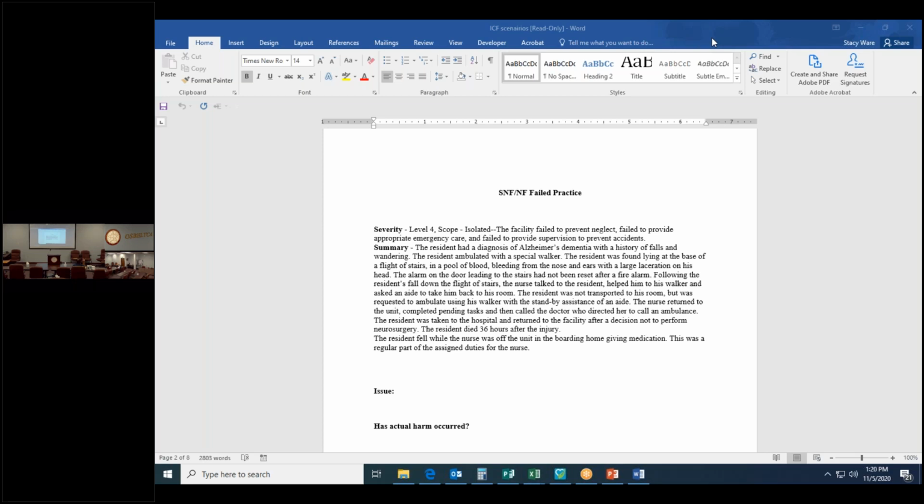That's the main reason the person fell down the flight of stairs: the alarm was not reset. Apparently this person may have a history of wandering, so there should be something documented in their plan to reflect that. In some cases, you might even assign a staff member to that person during an actual drill.